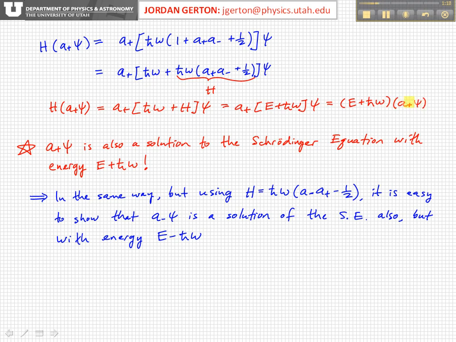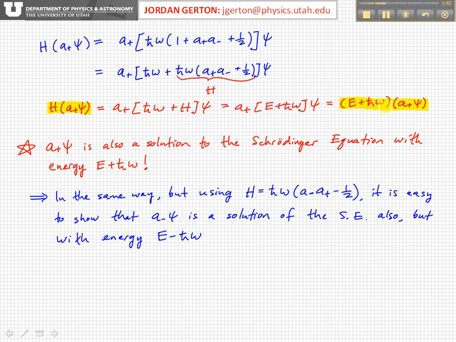And remember, what we were doing is we applied the Hamiltonian operator onto a plus, the operator, the new function a plus psi, and what we get back is a number, e plus h bar omega, times that same function back. And so this is another eigenvalue problem, but now what we find is that we have a new energy which has been raised by the quantity h bar omega.